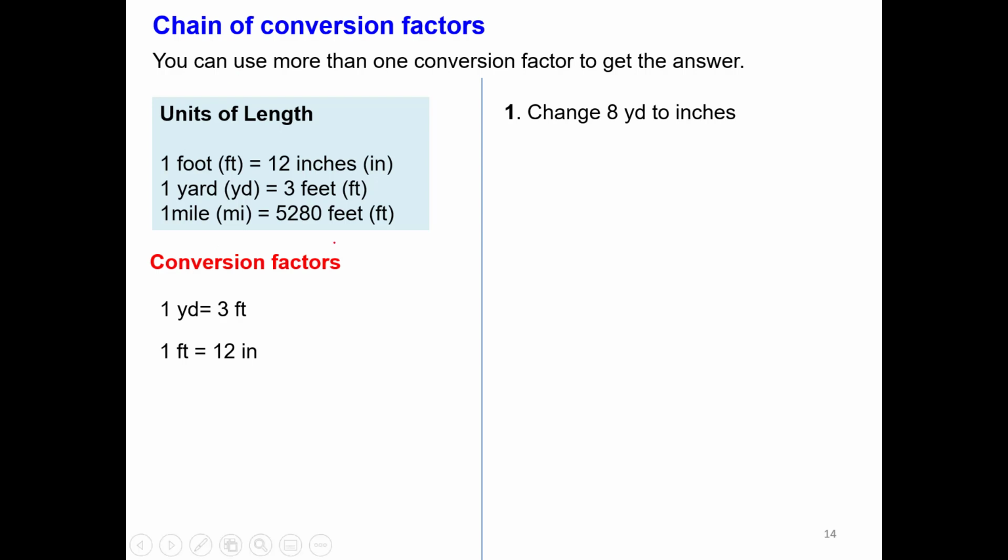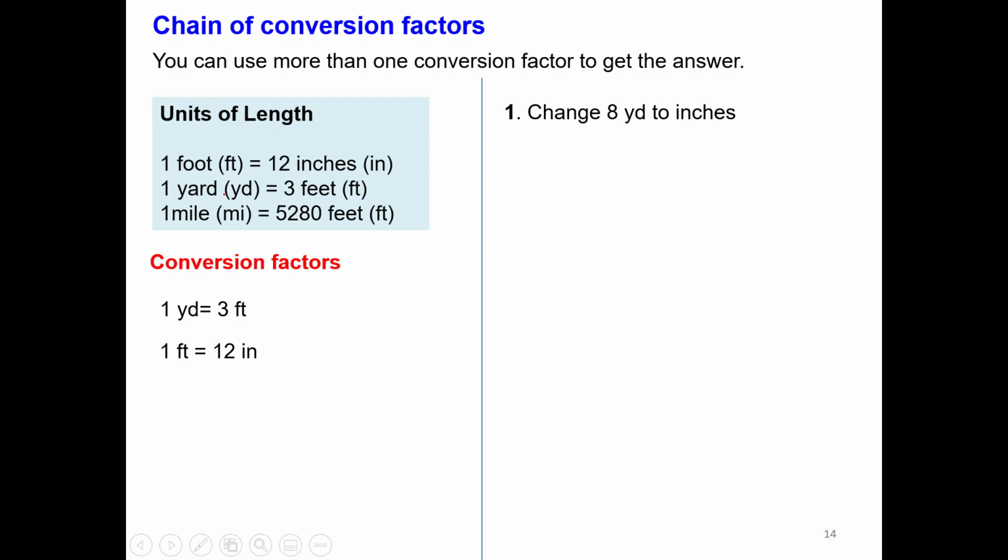Here we need to change each jar to inches. We don't have jars to inches, we have jars to feet, but we know 1 foot equals 12 inches.